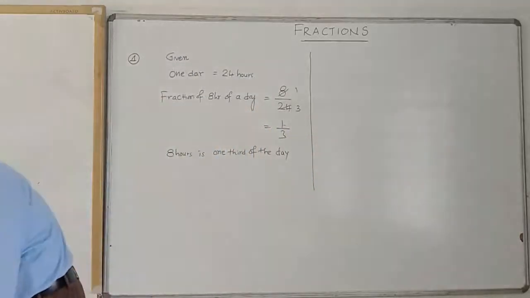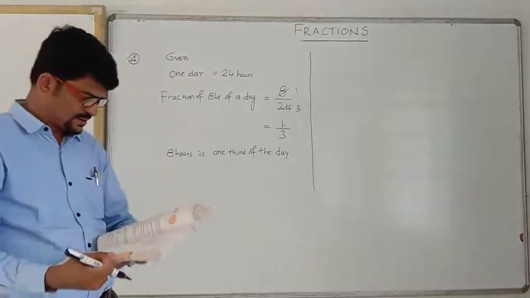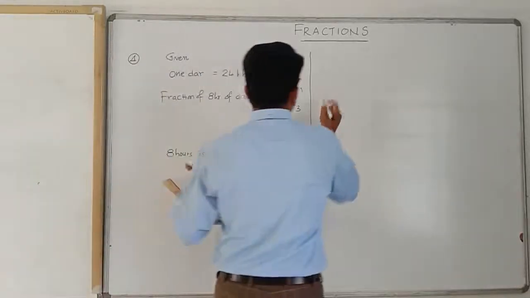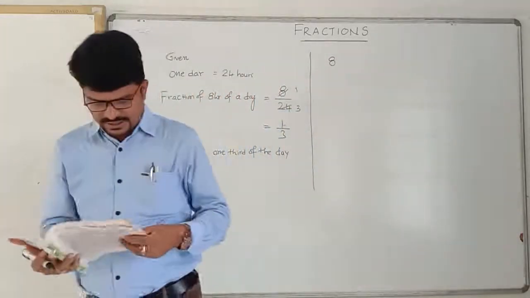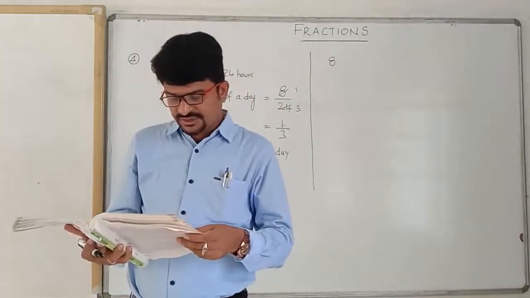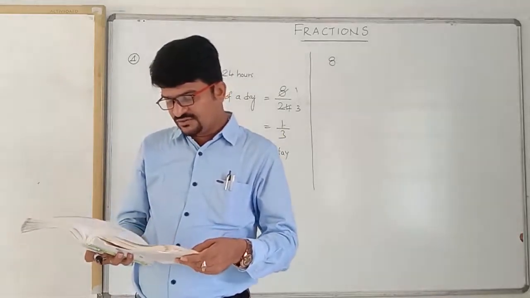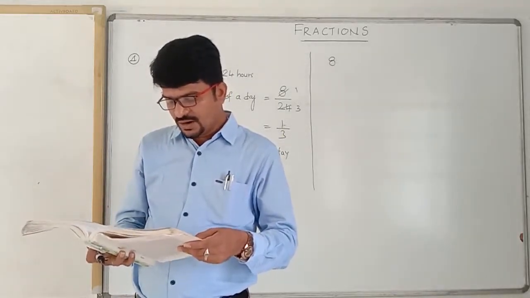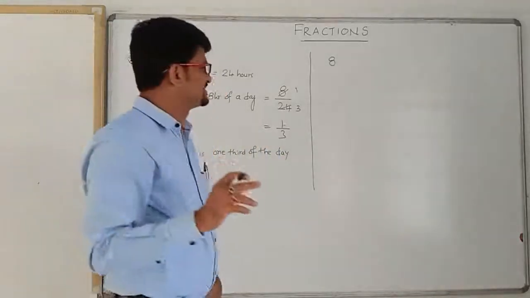Question number 8. I'll read the question now, children. Write the natural numbers from 2 to 12. What fraction of them are prime numbers? Very good.